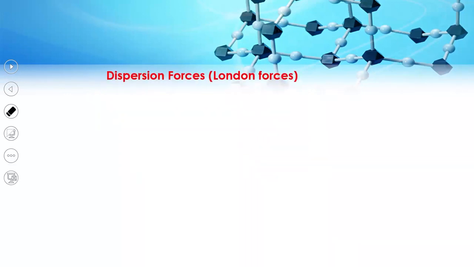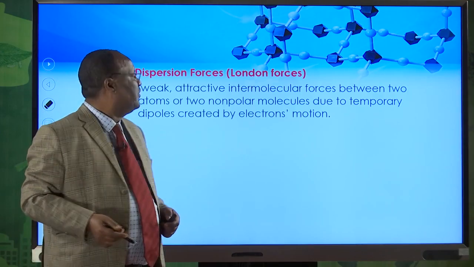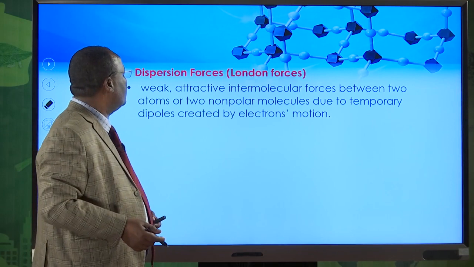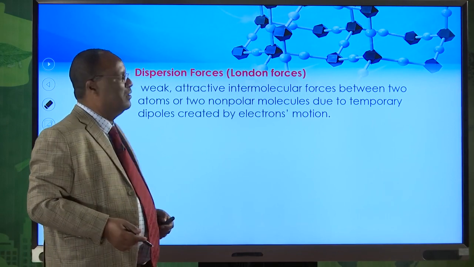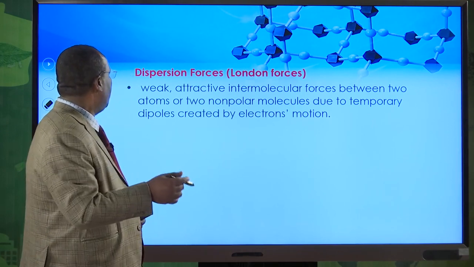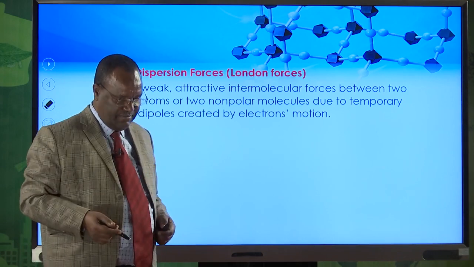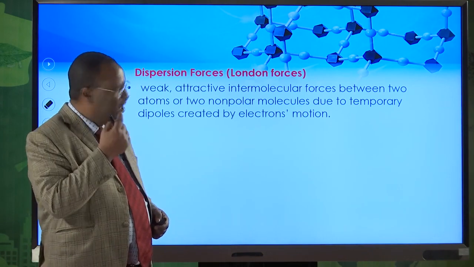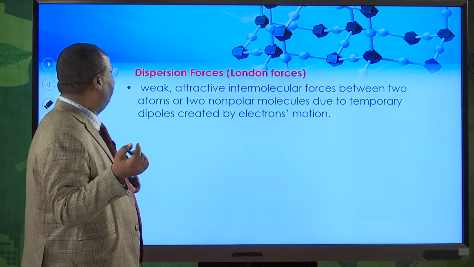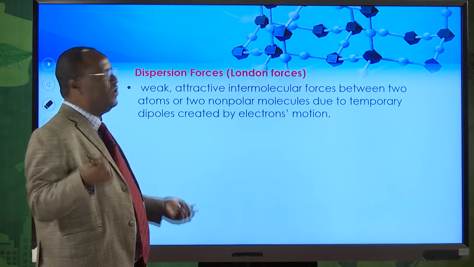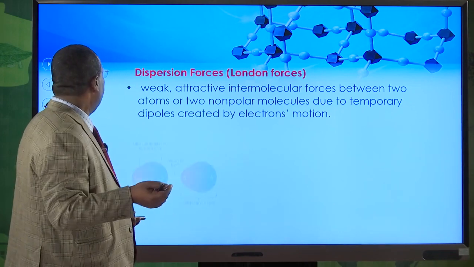What about dispersion force? This is London force. It is a weak attractive intermolecular force between two atoms or two non-polar molecules due to temporary dipoles created by electron motion. The interaction between non-polar molecules, this weak intermolecular force of attraction, is what we call dispersion force.